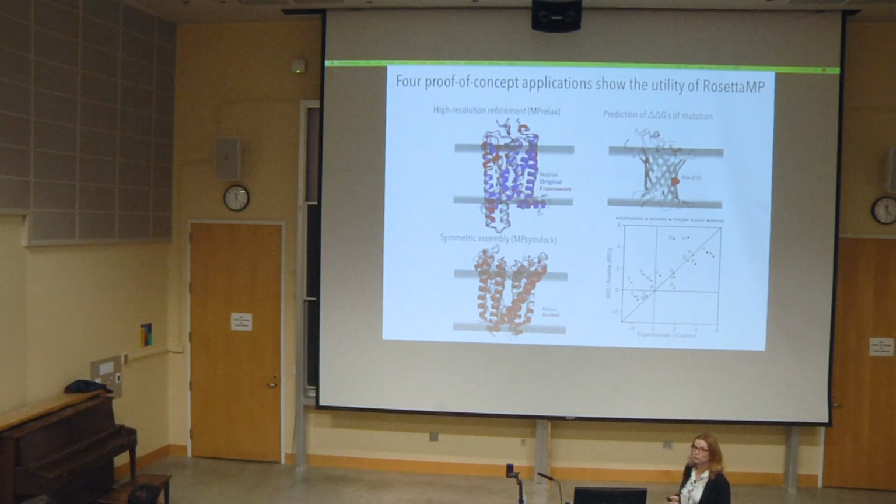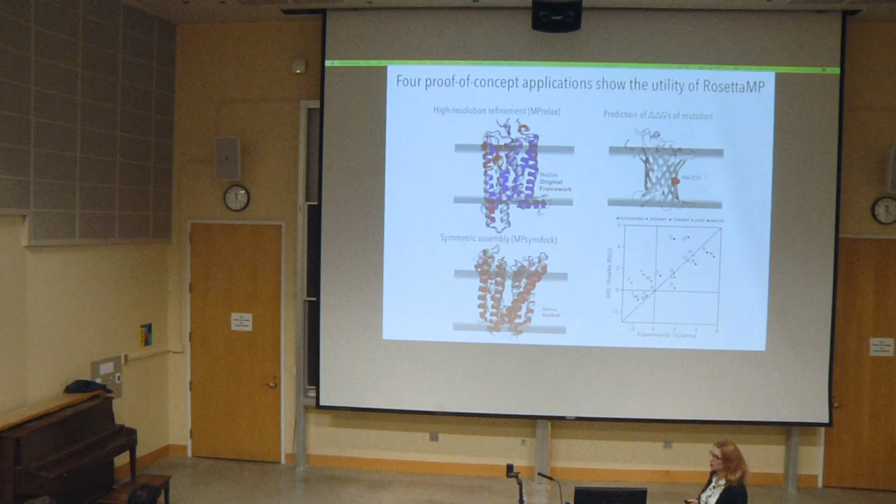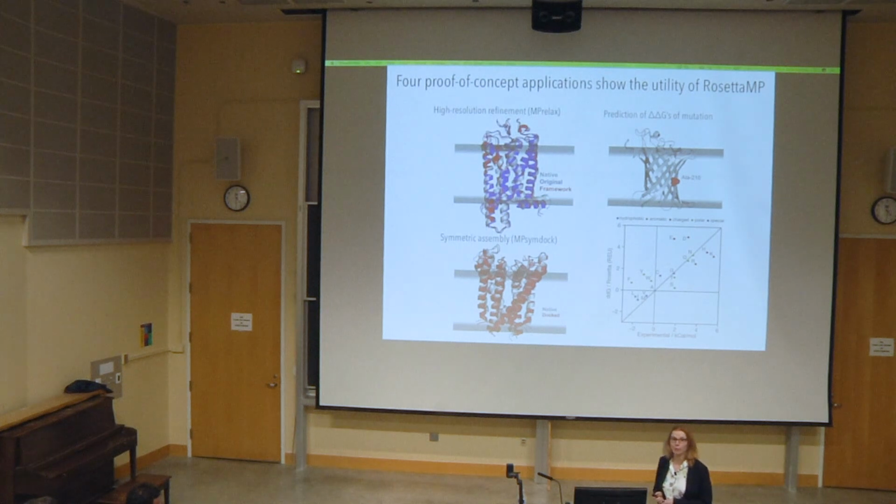Another is prediction of delta G's of mutation, basically correlating experimental DDGs of mutation with Rosetta predicted DDGs of mutation. I'm fully aware that this correlation looks very terrible to an untrained eye, but it's a really, really difficult modeling problem. The fourth application is actually protein-protein docking, which I'm going to go into next.